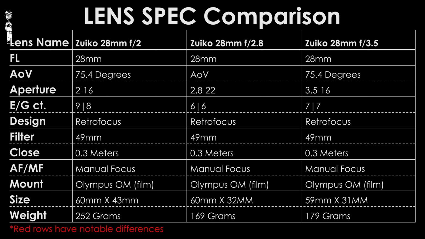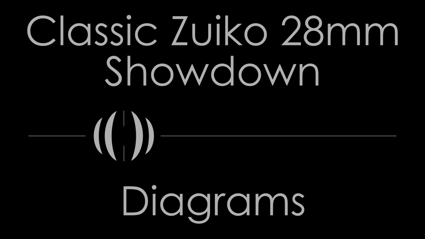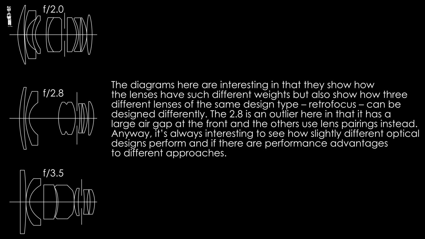The weight also varies very slightly by lens, and I used a digital scale to get specific weights for all of these lenses because the online resources really seemed wrong. And they were, but at most they were off by 2 grams, so they weren't that wrong. The diagrams here are interesting in that they show how the lenses have such different weights, but also show how 3 different lenses of the same design type, which is retrofocus, can be designed differently.